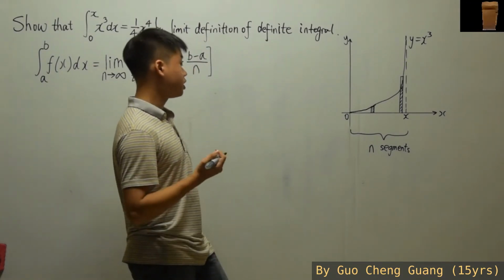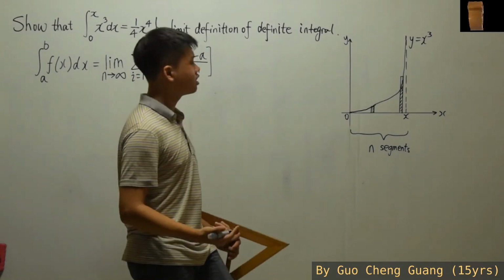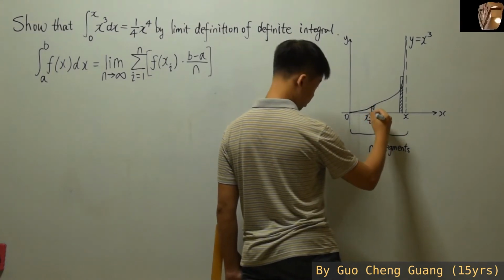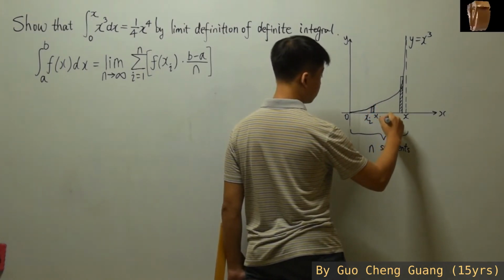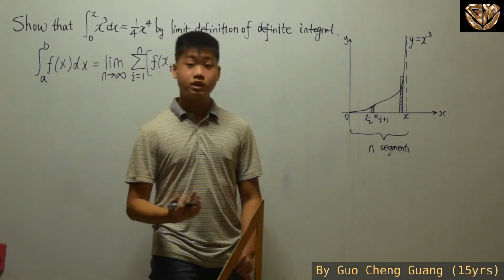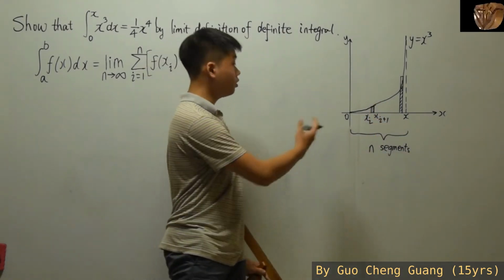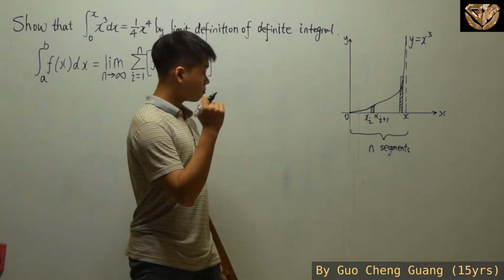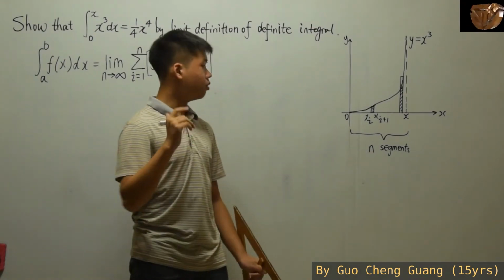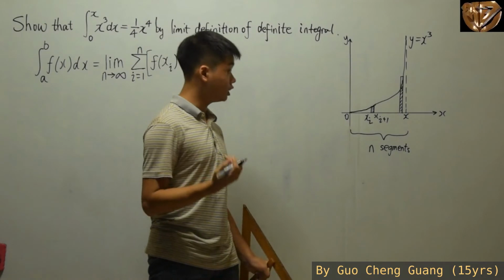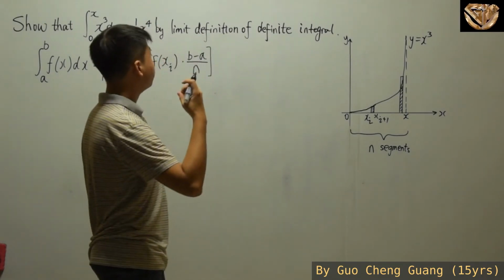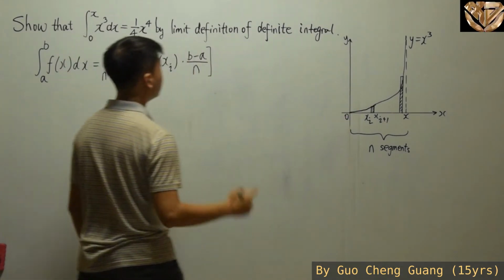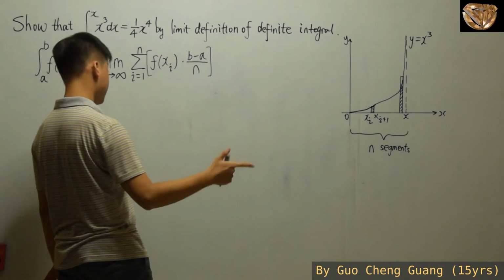Alright, so of course there are a few different representations you can choose from, whether you want to use something like x_i for this part over here, and then x_{i+1} for the other part. Well, once again, this kind of notation depends on you, since you can also change your variables like i, j, k, whatever you want. Alright? But you have to make up a way in order to be sure of how to determine it. So, what you need to determine the area of a rectangle, one is the height, the other is the base.